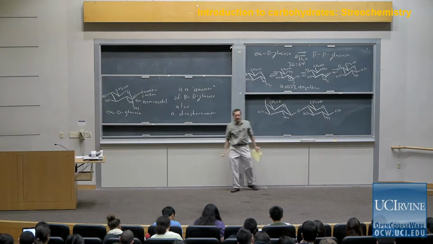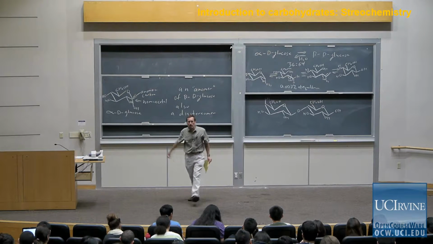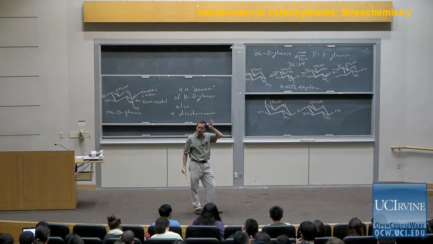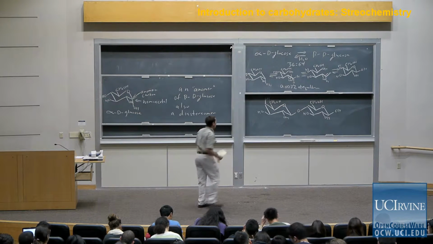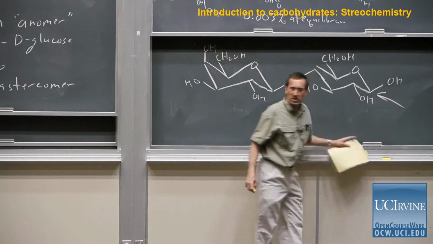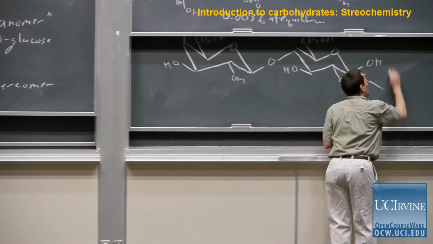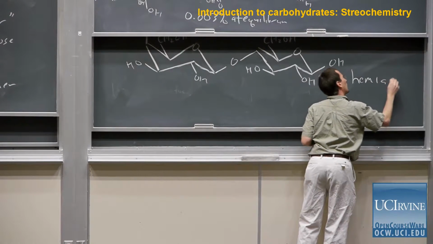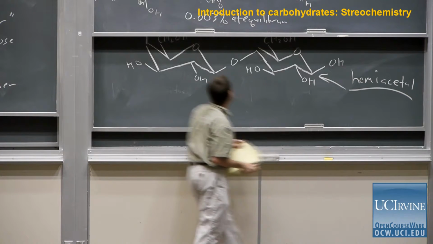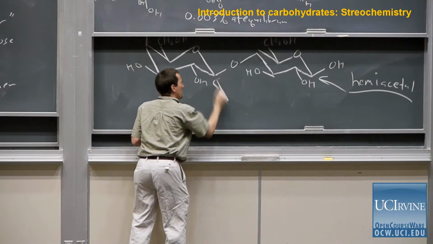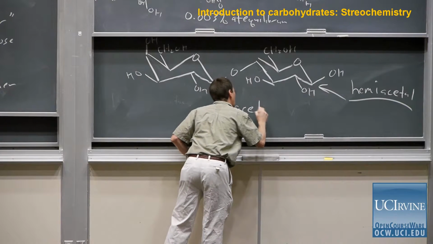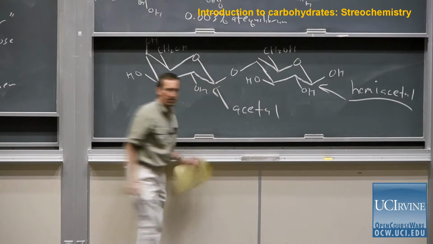All right, in our lactose structure, there are two types of anomeric carbons, two types of carbons at the 1 position. There's this carbon, which has a hemiacetal, and then there's this carbon here, which has an acetal. Remember, a hemiacetal has a hydroxy group on it.